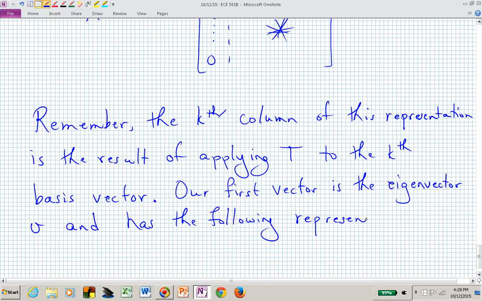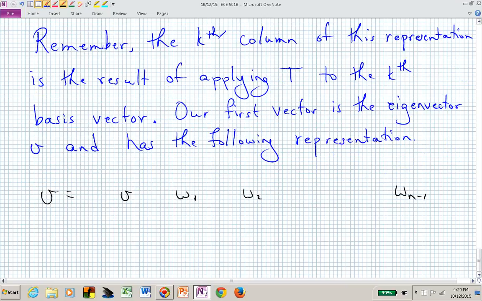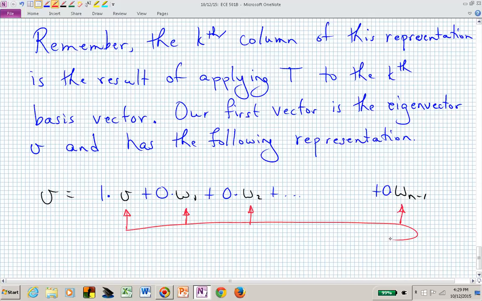and it has the following representation in terms of the other basis vectors. If I now said, okay, write V as some linear combination of V, W1, W2, W sub n minus 1, the only way that you're going to build that up is you're going to say, well, let me put a 1 there, and a 0 there, and a 0 there, and zeros everywhere else to scale those other W's, since V is equal to V. These are the basis vectors.